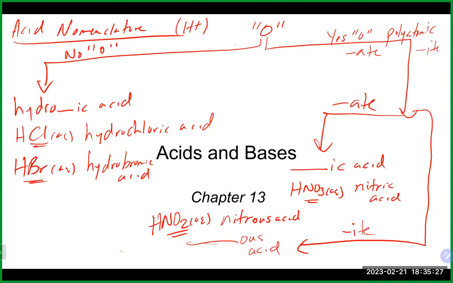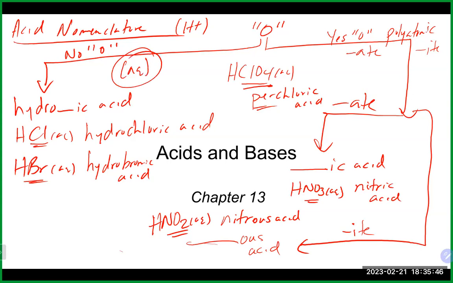Also, if there's a polyatomic ion that has a prefix in it, like perchlorate, that is perchloric acid, right? So you still keep the per in there. By the way, I write aqueous next to acids because that is typically what you do, because in order for it to be an acid, it's got to be swimming around in a solution, basically. And that means that it should be aqueous.